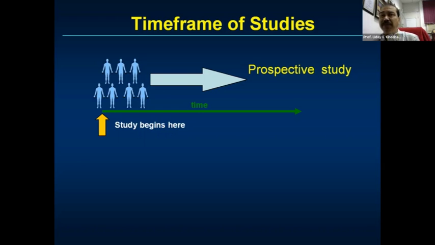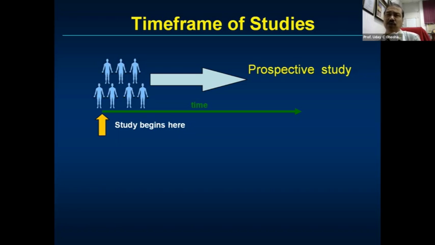This is very, very important to understand. That means we might have done a study prospectively, but we did not have a clear aim, and we kept on recording data on a standard pro forma, and then one day finally we want to analyze this data. This is typically a retrospective study.